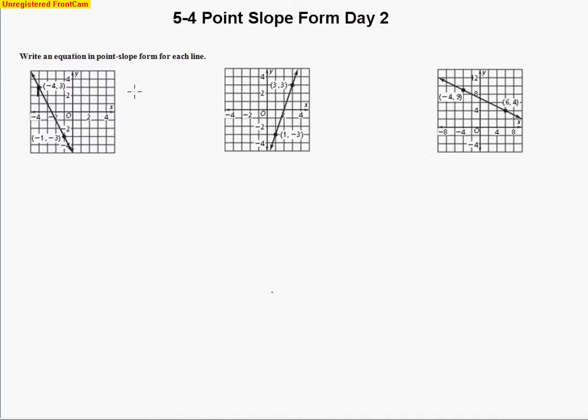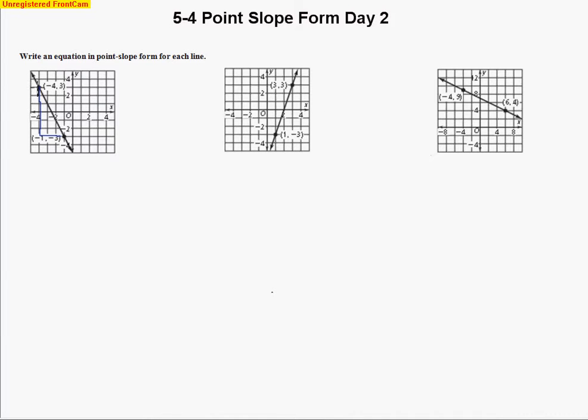So what I'm going to do is draw a slope triangle. I'm going to start at the left-hand point and go to the right-hand point. So I'm going to go down and count the spaces down and then across. They also are giving us the ordered pairs, so we could use those and find the slope. I'll do that method on another problem, but for right now I'm going to use the slope triangle for this one.